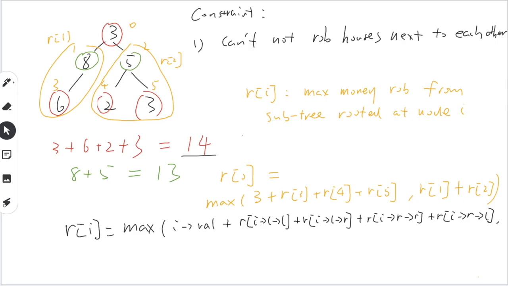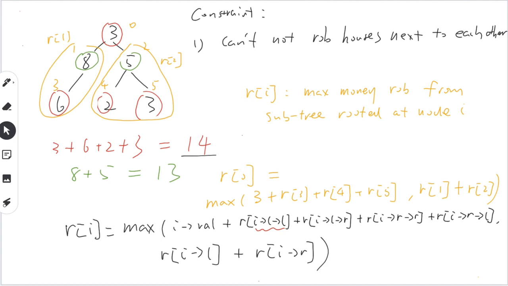Therefore, the first option would be to rob node i, and since we rob node i, we have to skip its child nodes, and instead we rob its grandchild nodes, which include left left, left right, right right, and right left of node i. Note here, to simplify, we use i points to L and L to indicate the index of the leftmost grandchild node of node i.